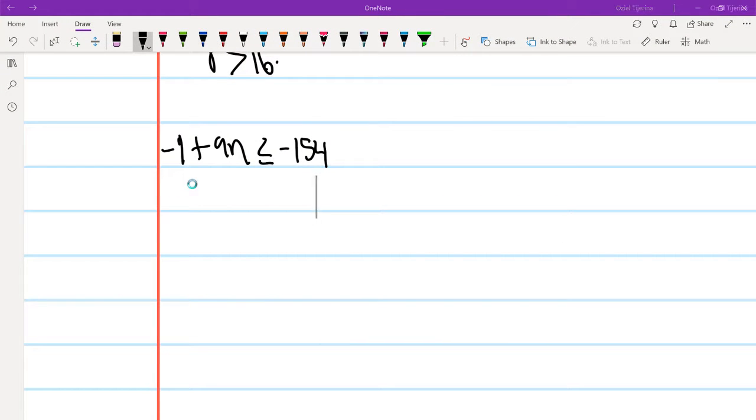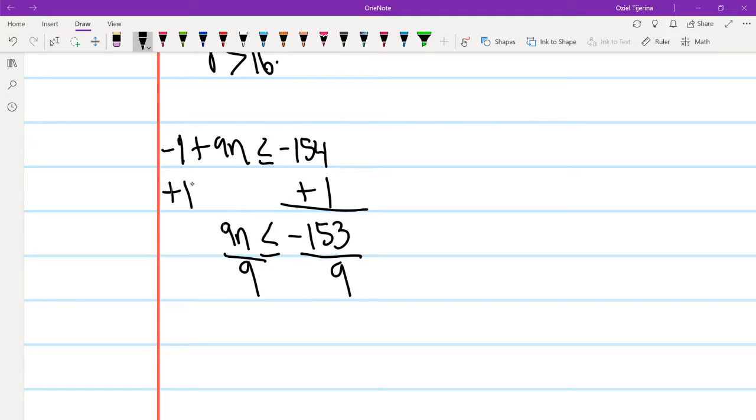And what you do is you add 1 on each side and say negative 153 is less than or equal to 9n. And then you divide by 9. That would be n is less than or equal to negative 17.